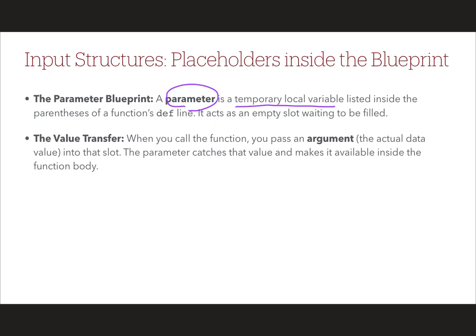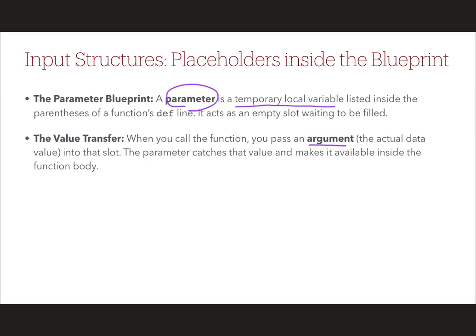Whenever you have a parameter inside the parenthesis, the user must provide an appropriate value for each parameter defined in the function. The value provided by the user will be called an argument.